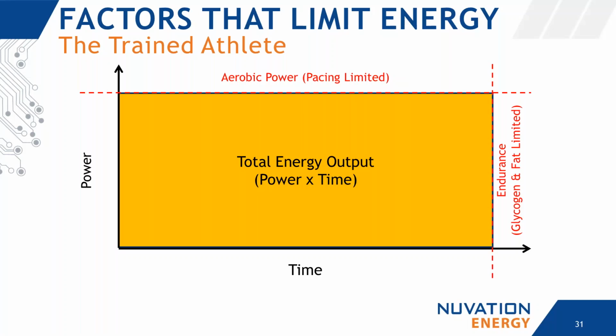And what that means then is, once you've established this pace, you do have to train to be able to do that. The limiting factor for you is really going to be endurance, and that's limited by basically the energy stores in your body. Your body is an energy storage system, and two examples of how we store energy are our glycogen reserves and also our fat.